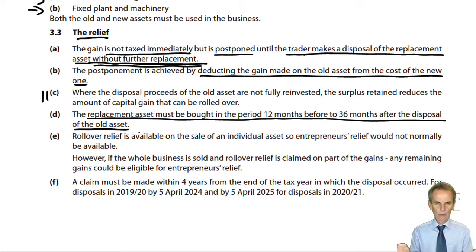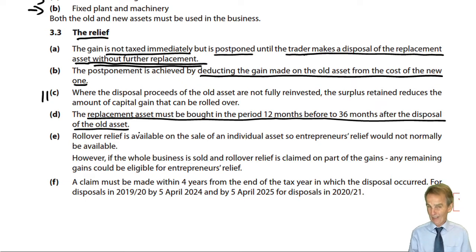Get it up and running, and then you'll be able to sell the old one. You're not going to have this gap in trading while you move everything out of the old into a newly acquired property. That's not going to be a particularly good idea for running your business.